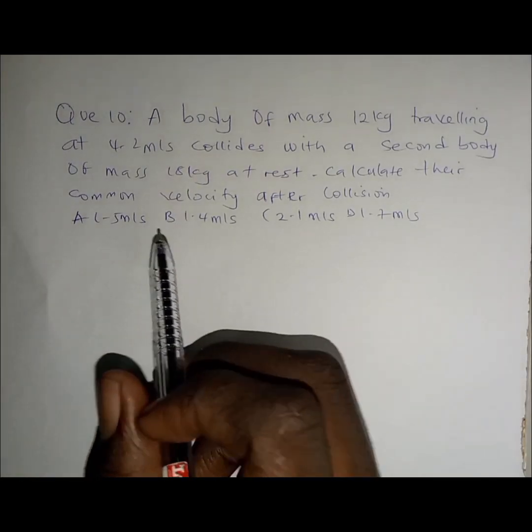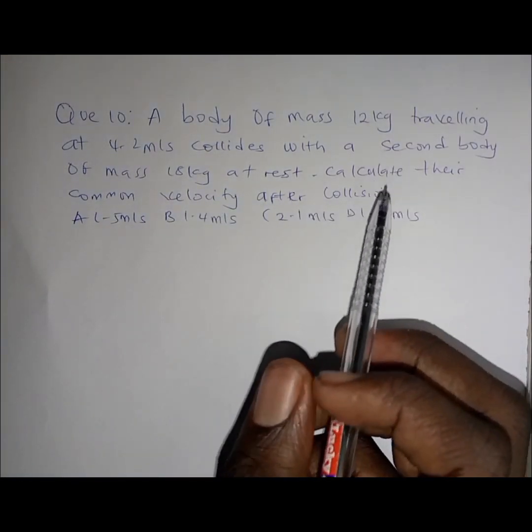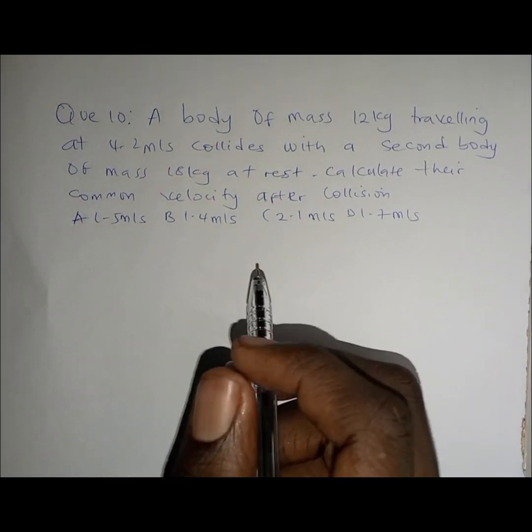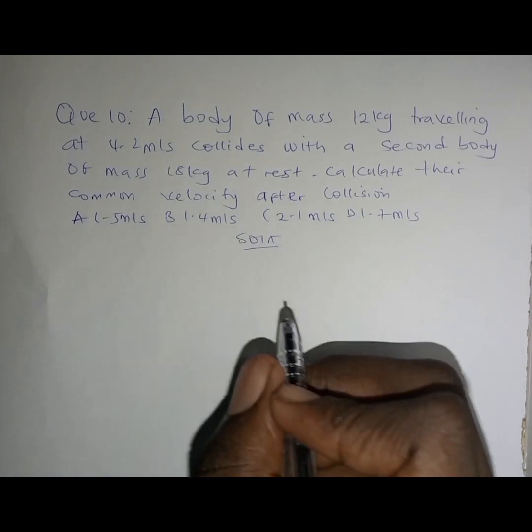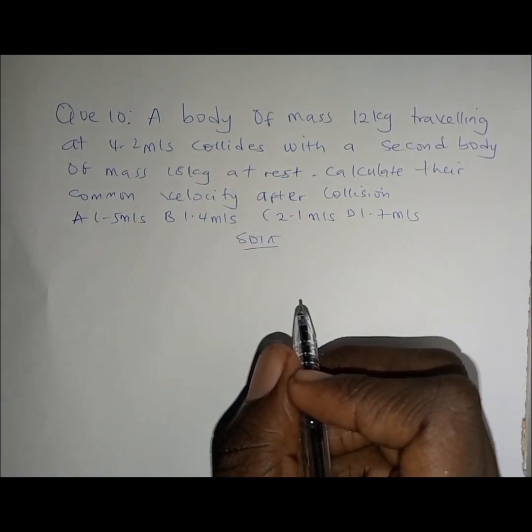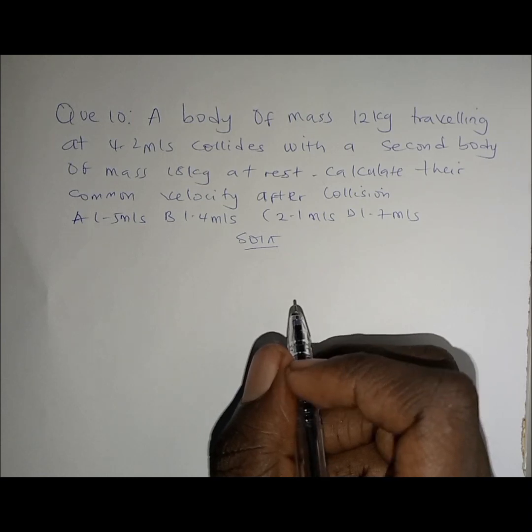Now under this case 10, a body of mass 12 kg. Now this question is under collision. Let me write down the parameters, and I'll give you the formula for collision when one body is at rest, when two bodies are colliding and the first body is in motion, the second body is at rest.